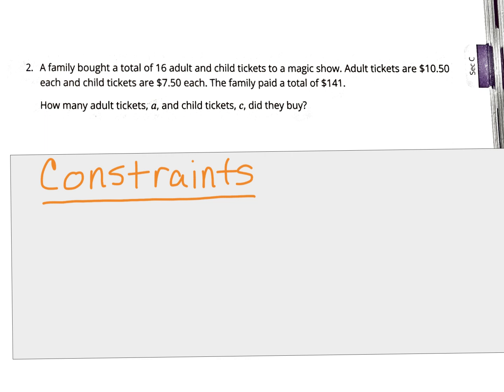Hopefully you really did pause the video and now you're ready to check. So I noticed here that a family bought a total of 16 adult and child tickets. So one of the constraints is that they bought a total of 16 tickets.